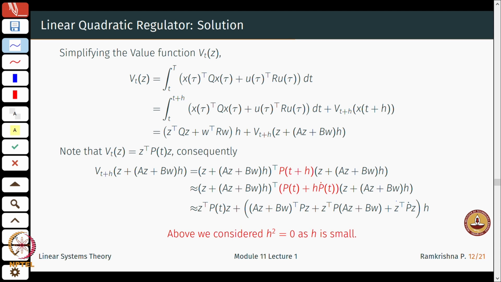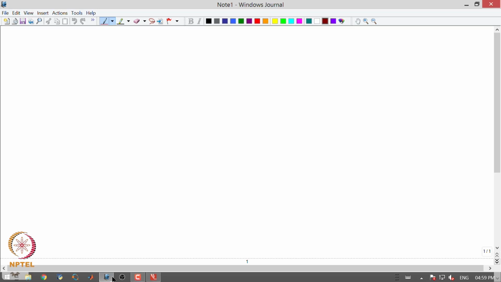Now, without reading the steps, let us actually try to derive all these things, and I will come back to the explanations again. First, to simplify the value function V_t(z): what was V_t(z)? Starting from t to this terminal time capital T, the integral of x transpose Q x plus u transpose R u dt.